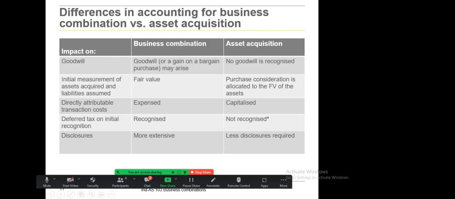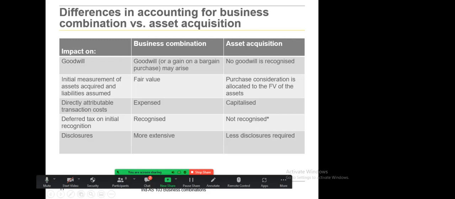Initial measurement of assets acquired and liabilities assumed is at fair value. In asset acquisition, purchase consideration is allocated to the fair value of the assets. Directly attributable transaction cost is expensed, taken directly to the P&L, under business combination, but in asset acquisition, we need to capitalize it.